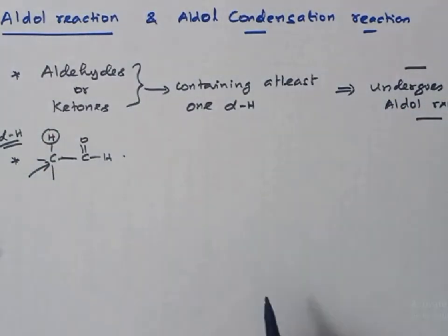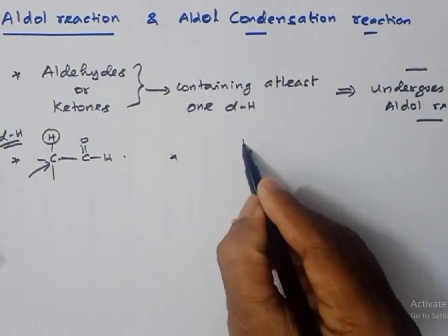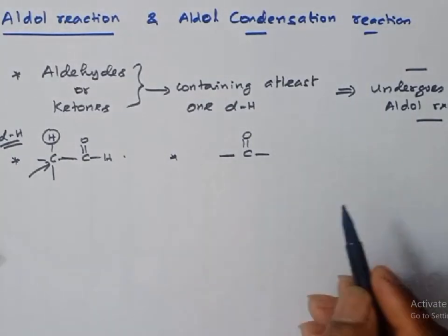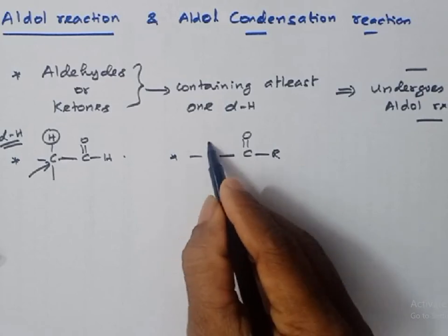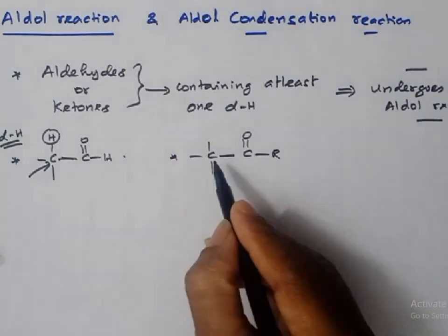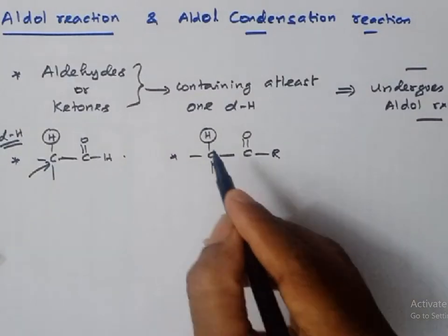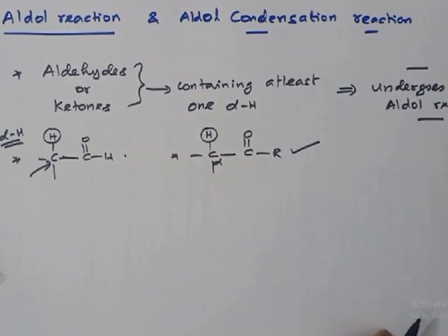Similarly for ketones, on both sides we have R groups. Suppose I have a carbon here, called the alpha carbon, and if it contains hydrogen, that hydrogen is alpha hydrogen. So if a ketone contains alpha hydrogen, that ketone also undergoes Aldol reaction.